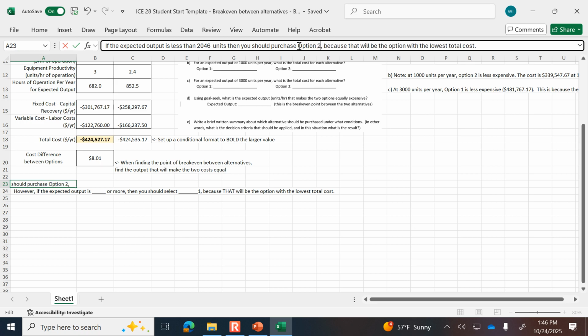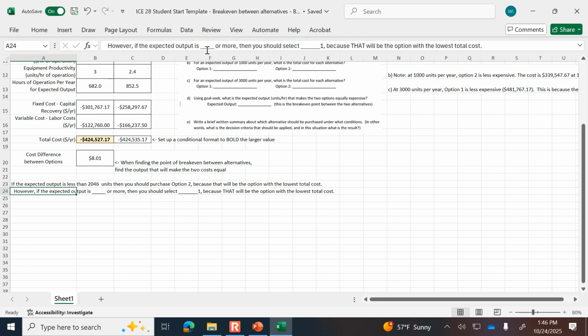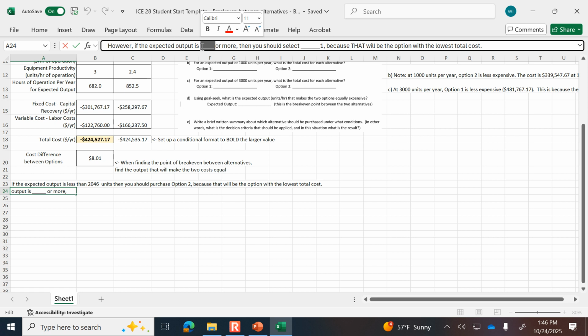So if you're doing a low level of production, then you want to minimize your initial purchase price. However, if the expected output is 2046 or more, then you should select option 1, because that would be the option with the lowest total cost.